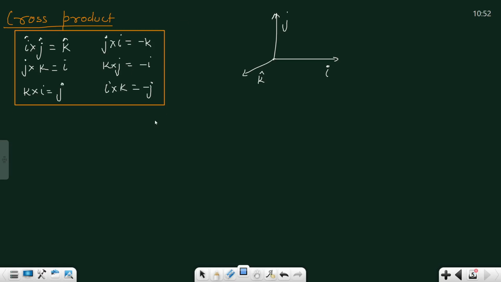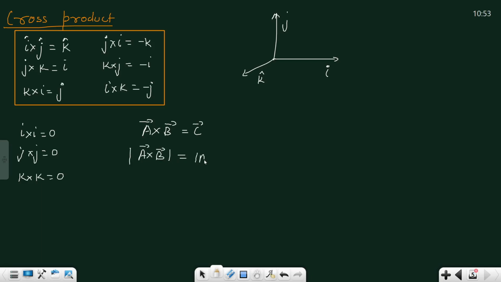When you go for the cross product, i cross i will be 0, j cross j will be 0, and k cross k will be 0, because A cross B gives vector C. For the magnitude, you will get magnitude of A, magnitude of B, sine theta.